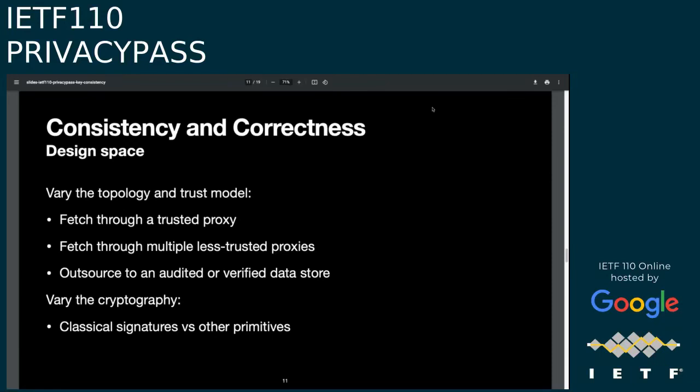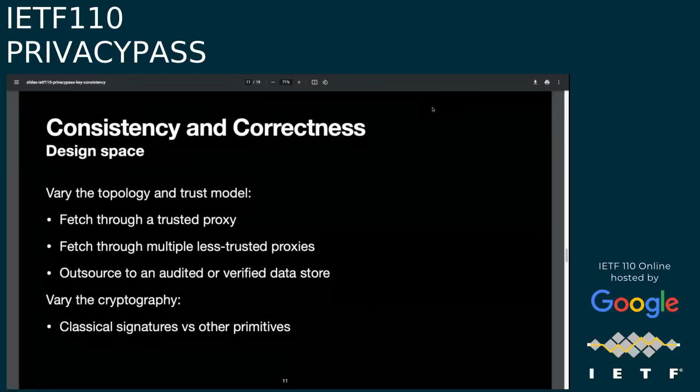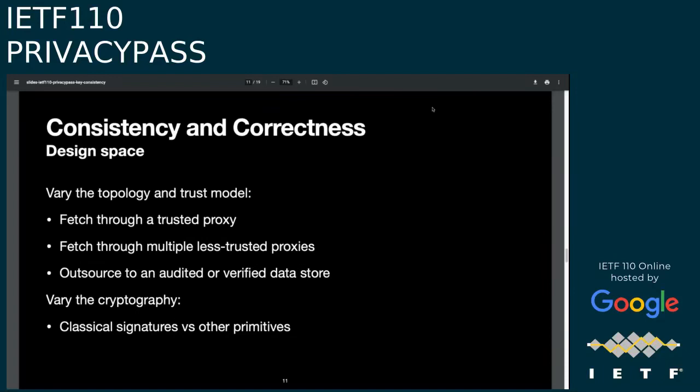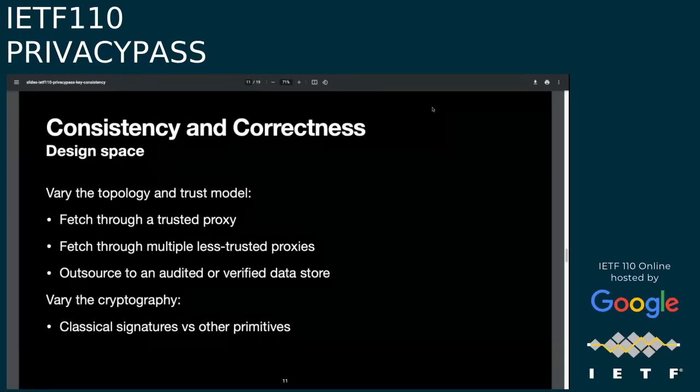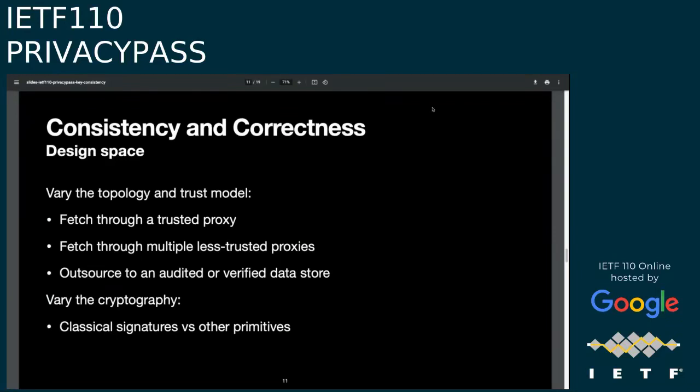You could also vary the cryptographic techniques used to produce proofs of correctness. You could rely on classical digital signatures, as is probably the most common case here, or perhaps other types of cryptography might be applicable, like making novel use of identity-based signatures or identity-based encryption for these reasons. That's a hat tip to Ecker.